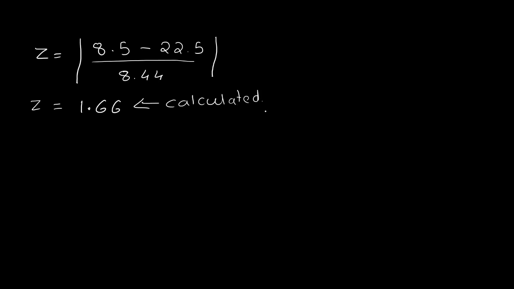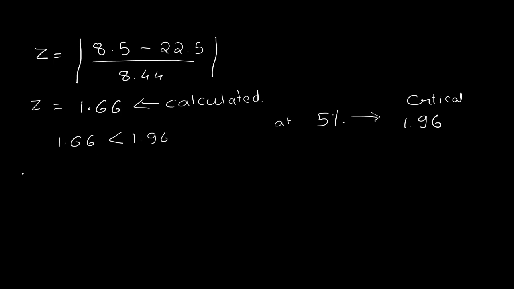Now if you check for this at 5% level of significance, the critical value will be 1.96. Now this 1.66 is less than 1.96. Therefore, my H naught is accepted.